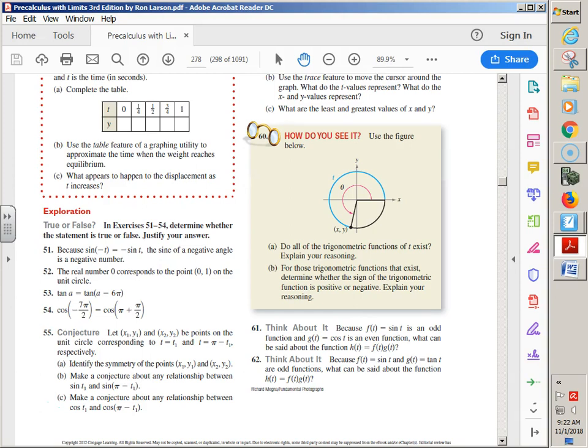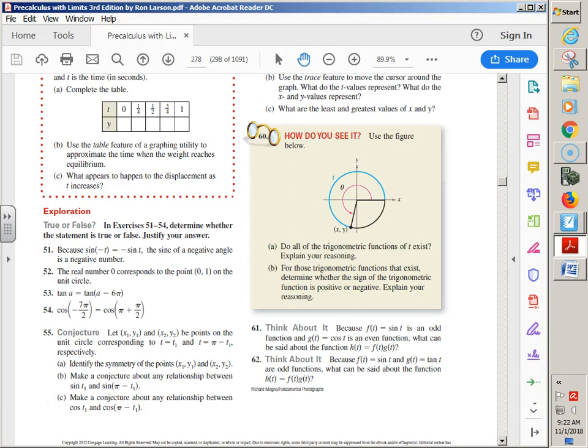Cosecant, it's negative. Who's positive? Tangent and cotangent, because both of them have an x and a y, and a negative x over a negative y or a negative y over a negative x, both of the negatives will become positive. So in the third quadrant, who are the only trig functions that are going to be positive? Tangent and cotangent. All the rest are negative.